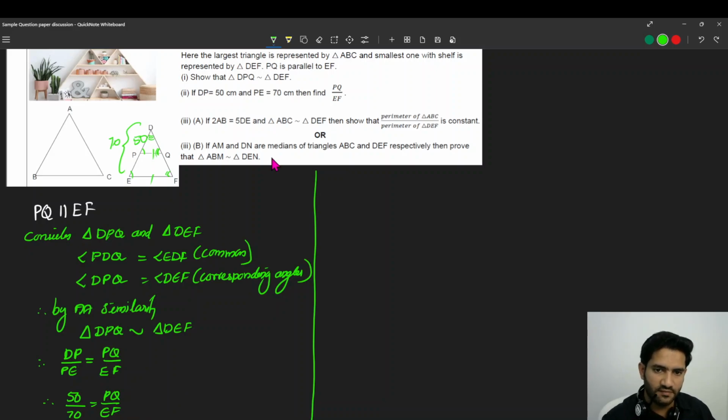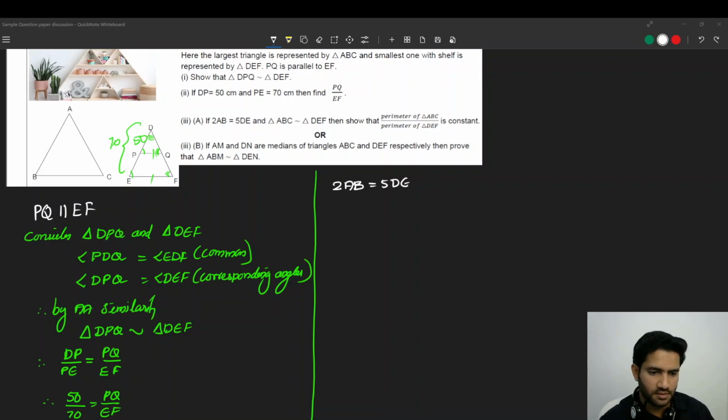Now everything is given. Given that 2AB is equal to 5DE. Perimeter of ABC means AB plus BC plus AC. Perimeter of DEF means DE plus EF plus FD.